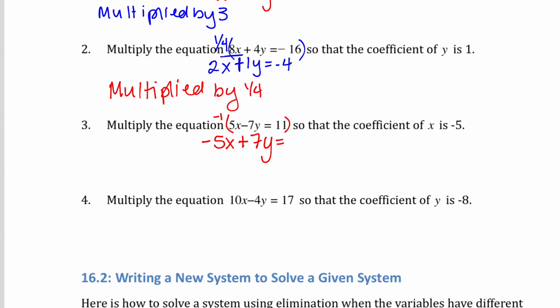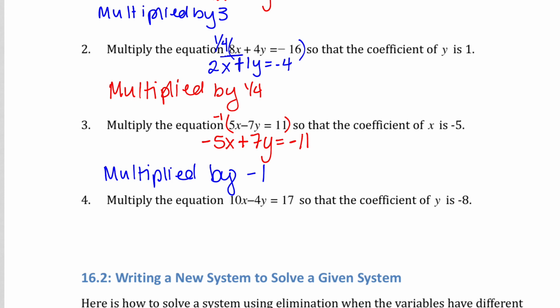It's positive 11 times negative 1, so it's going to be negative 11. So negative and positive and negative. Okay? What do we multiply by? Negative 1.